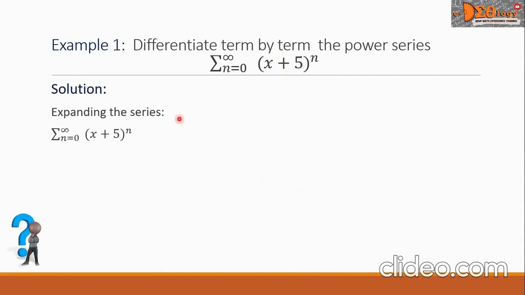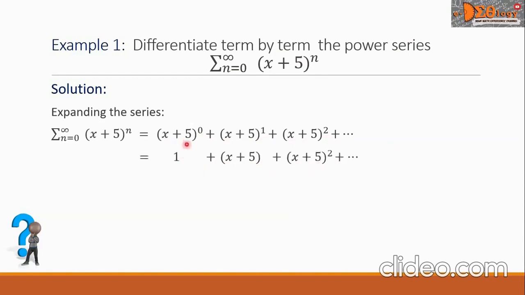Let us expand the series and we will write like this: the quantity x plus 5 raised to power 0 plus the quantity x plus 5 raised to 1 plus the quantity x plus 5 raised to 2 plus and so on. We can simplify this further. This x plus 5 raised to 0 is equal to 1, plus this term here we can remove the exponent 1, plus then we copy the remaining terms.